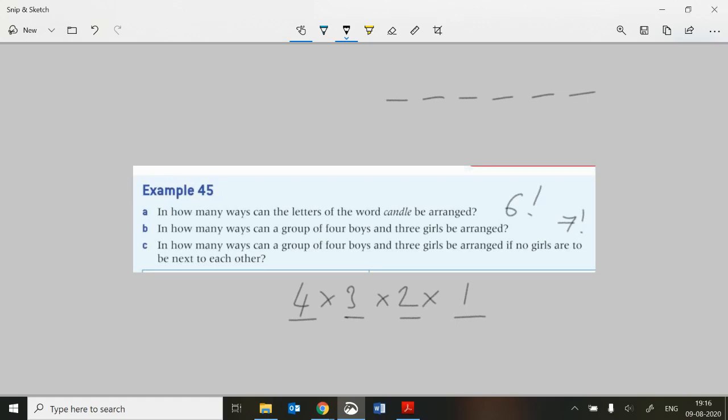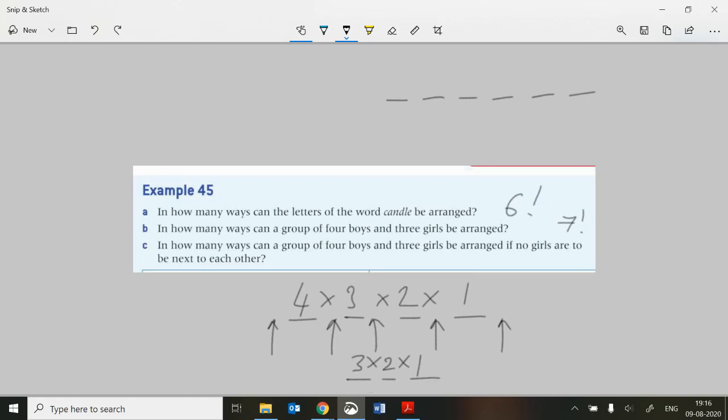But now the girls can go there, there, there, but they don't have to go in those places because they can also go on the ends as well. Now I definitely know that the 3 girls that I put in there, 1, 2, 3, can be arranged in 6 different ways, 3 times 2 times 1. So there's my 4 boys ordered, and now I've ordered my 3 girls as well.